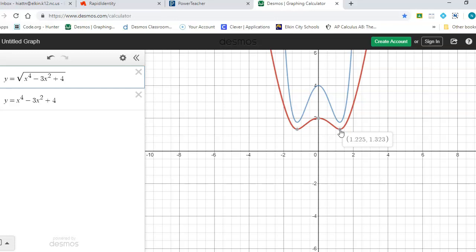So if you're taking the square root of something, the minimum of what's under that square root is not going to have the same minimum value, but it's going to occur at the same x value.